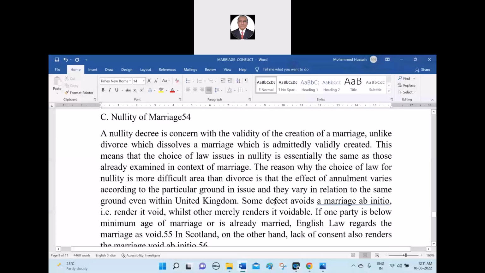Some defect renders a marriage void ab initio. What is the defect? Impotency. The defect is impotency of the husband, which makes a marriage void ab initio, not valid, whilst others merely render it voidable.